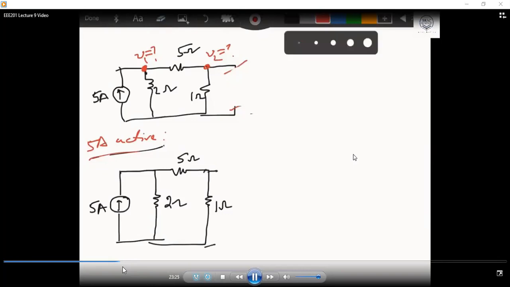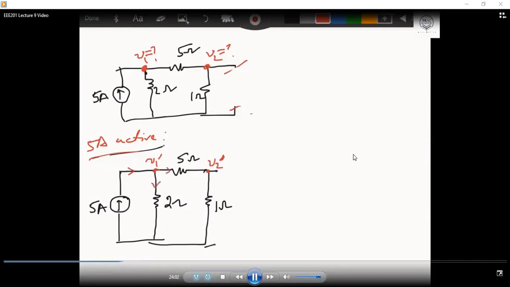Now we have to find the voltage at these 2 points. One is V1 prime, another one is V2 prime. It's only one source, so it's a little bit different. Now, what will be this V1 prime and V2 prime? We have to find it from this circuit. If you want to find this value, it is very simple. Look at it. This is the current source. This is the current coming into this, and this is the voltage.